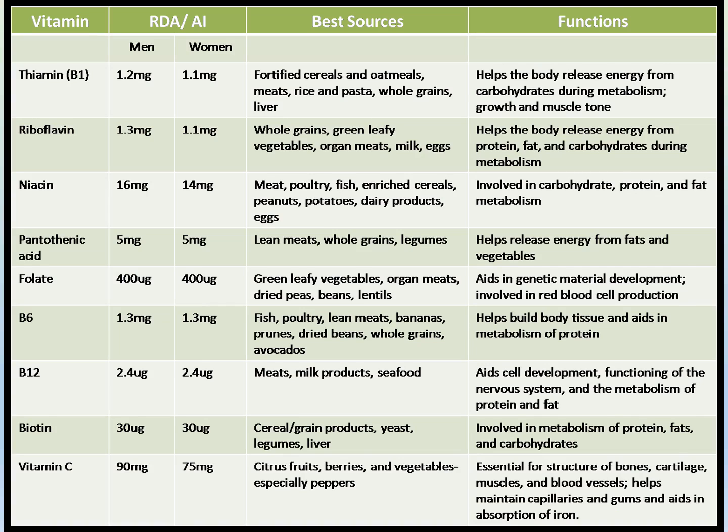So here's a similar table for some of these water-soluble vitamins, just showing you how much is required in our diet, what those best sources are for those vitamins, and what the functions are. And if you notice, and I forgot to mention on the last table as well, the amounts are in milligrams and micrograms.